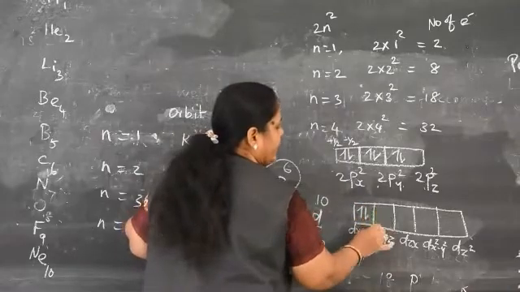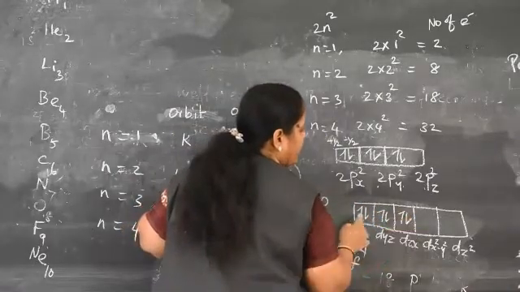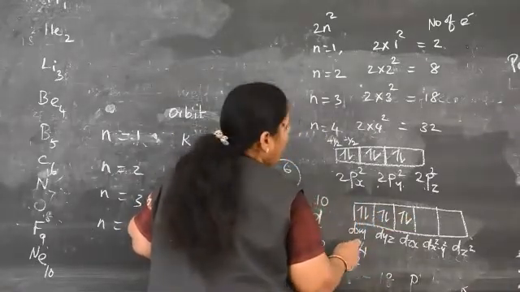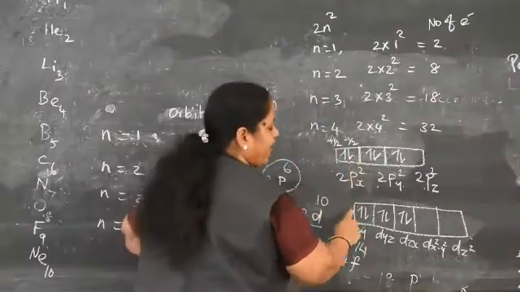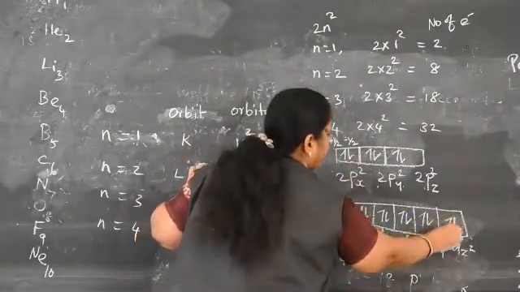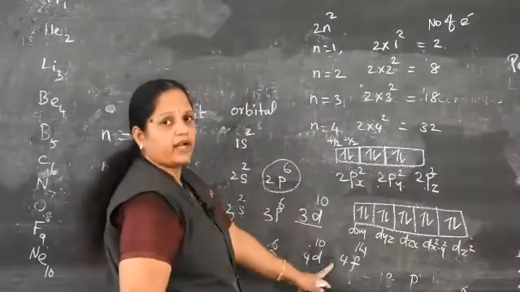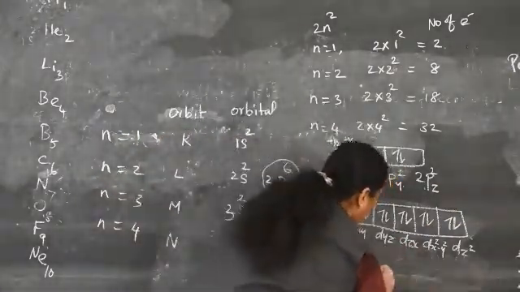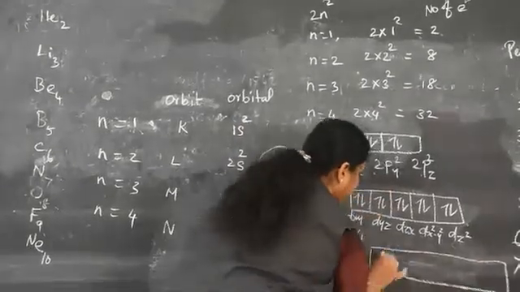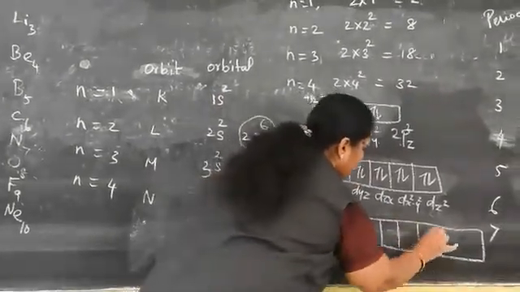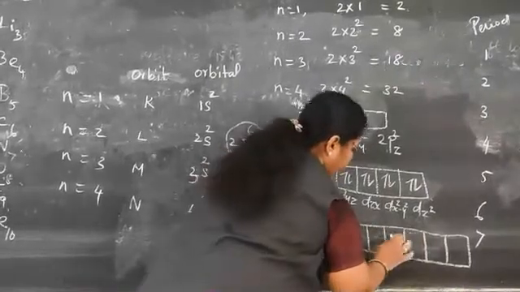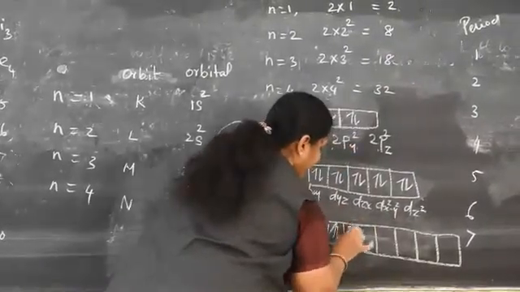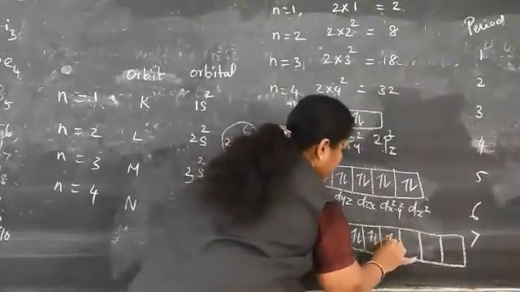Each orbital occupies a maximum of 2 electrons. Like that, f orbitals, totally how many? 7. So 7 f orbitals: 1, 2, 3, 4, 5, 6, 7. Each carries 2 electrons.